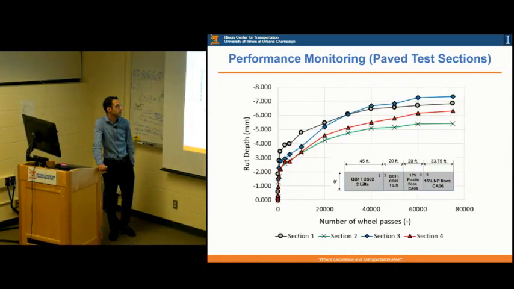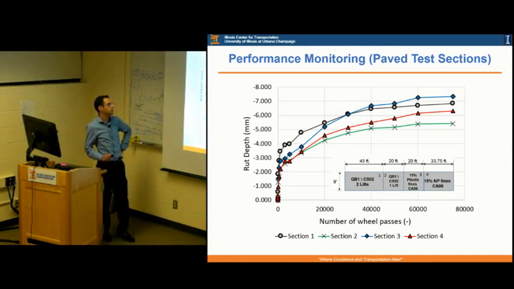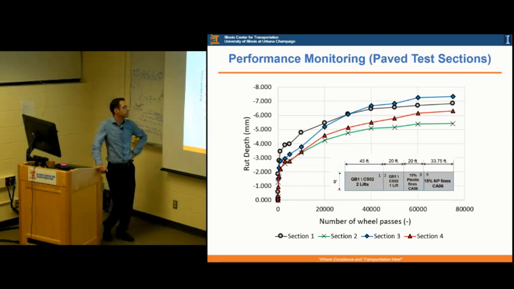And there's immediate primary type rutting right away in the asphalt. Okay, so if you look at what's going on with the increased number of passes, the QB with CSO2, the one lift and the two lift, again the circle and the X, they're pretty much following the same kind of trend.